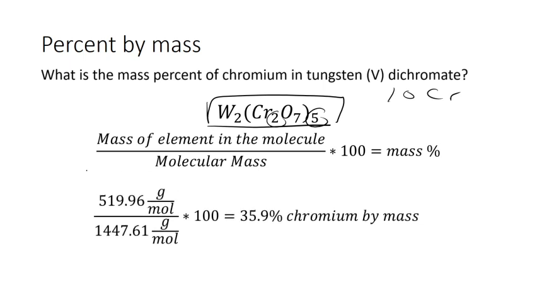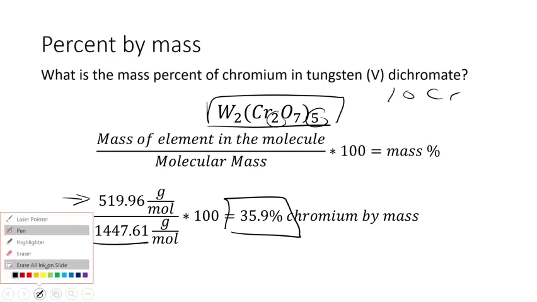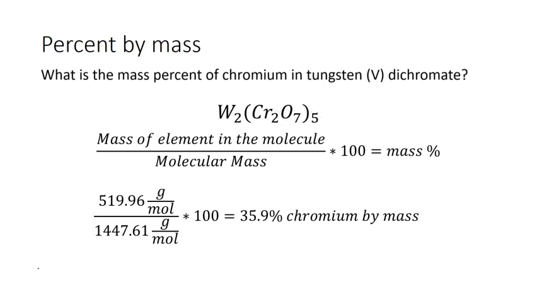So here, the mass of 10 chromiums, 51.996 times 10, or 519.96. And then the mass of the whole molecule, 1,447.61. Divide them, multiply by 100, and we find out that that compound is 35.9% chromium by mass.